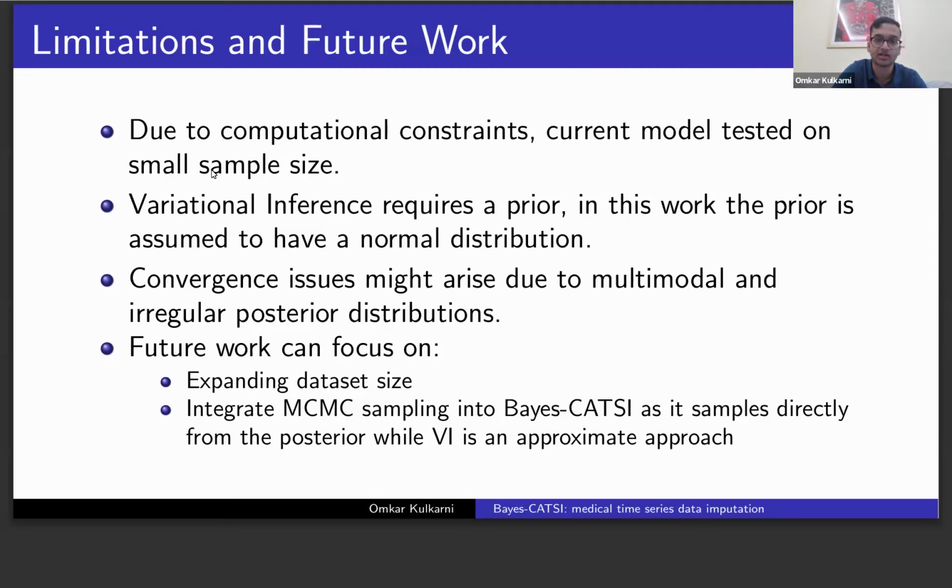And convergence issues might arise due to multimodal and irregular posterior distributions, which can be addressed in future work. So the future work can focus on expanding the dataset size and integrating MCMC sampling into Bayes-CATSI as it samples directly from the posterior, while variational inference is an approximate approach.